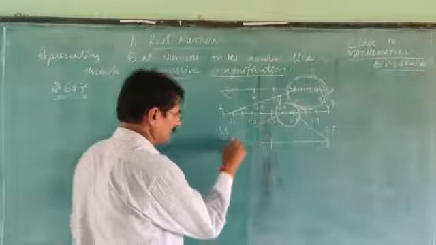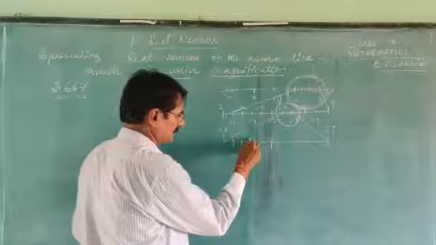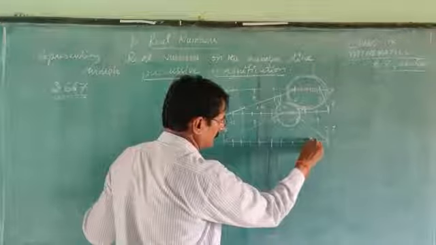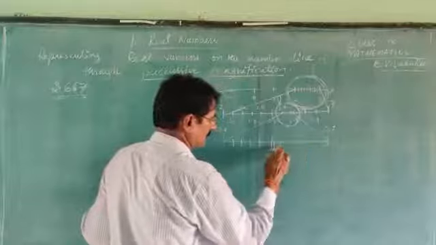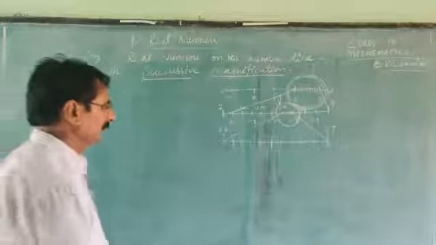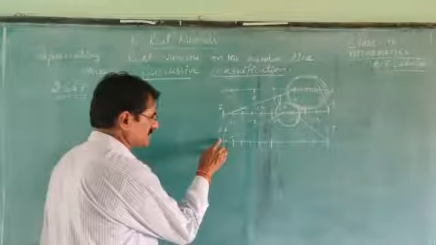Now, how many points are between them? 10. It is already 2.6.